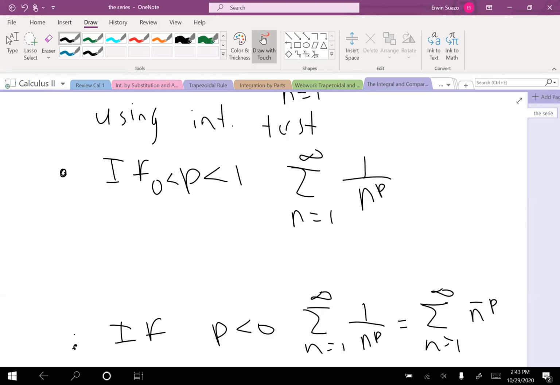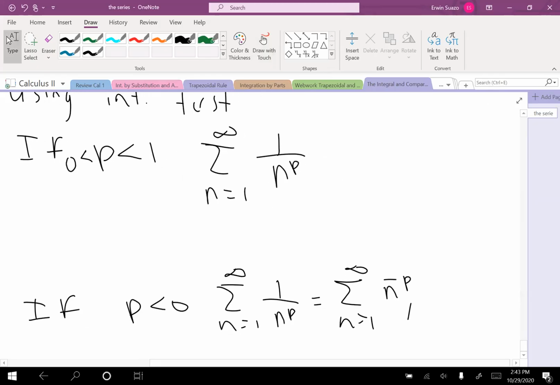So minus p will be positive because p is less than 0. So this sum is going to be divergent. So p less than 0 is easy.